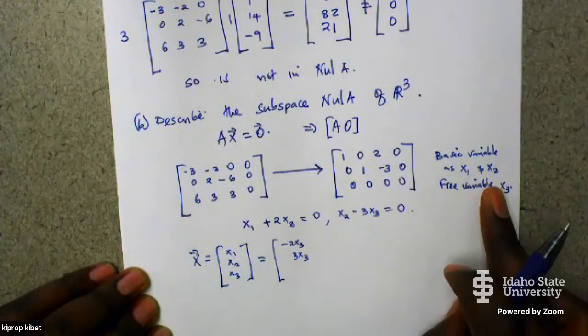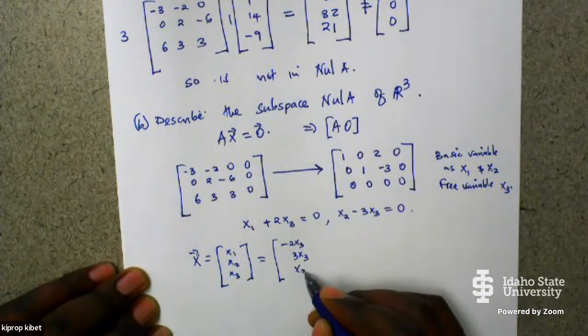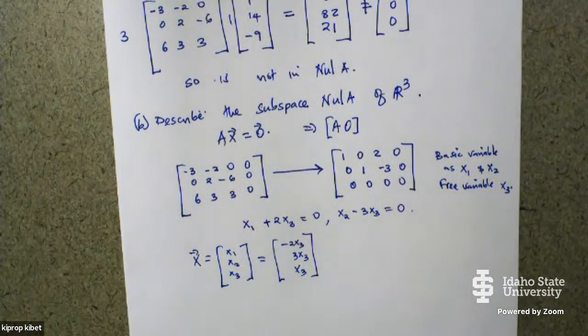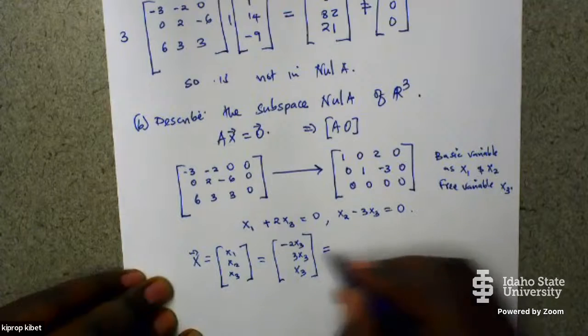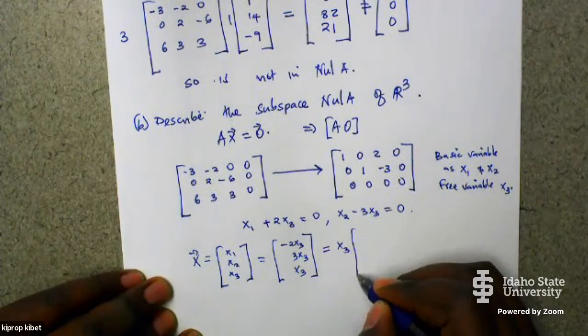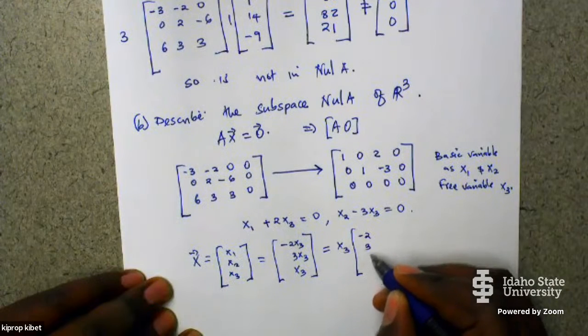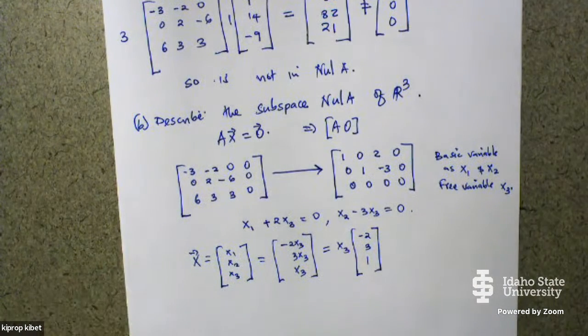And then our free variable is x3. So this is equal to x3 factored out, times the vector -2, 3, and 1.